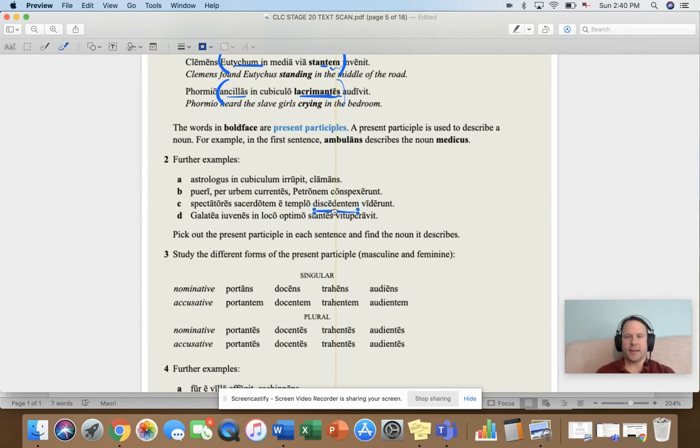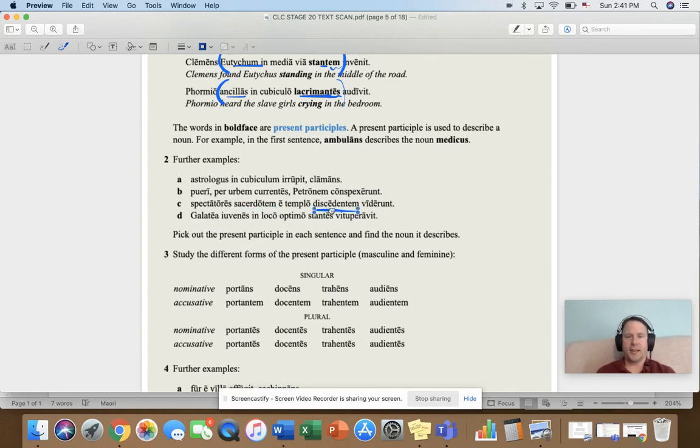Now we know it's not NS, it's not discedens, so we know it's not nominative singular, but it's got that EM, and I think we all know that means it's describing something that's accusative and singular. And of course, sacerdotem is the word. So the spectators saw the priest leaving from the temple, out of the temple.